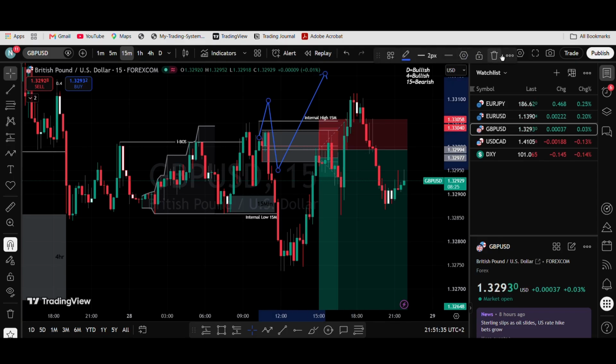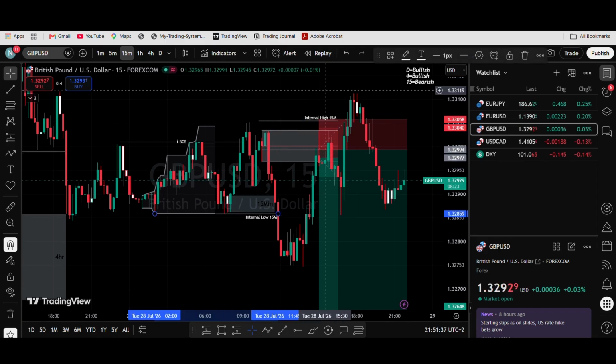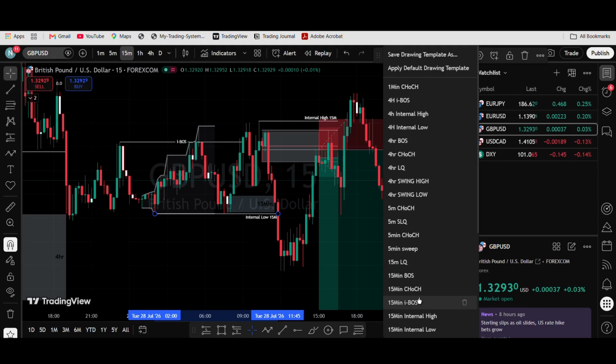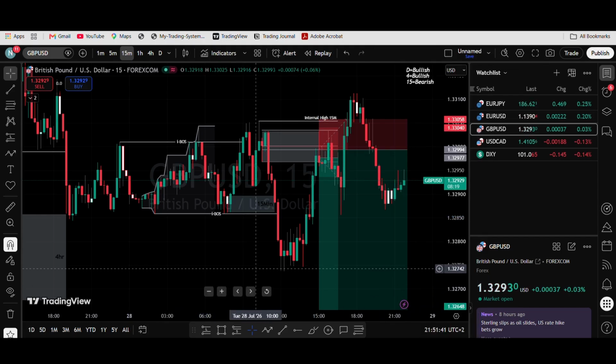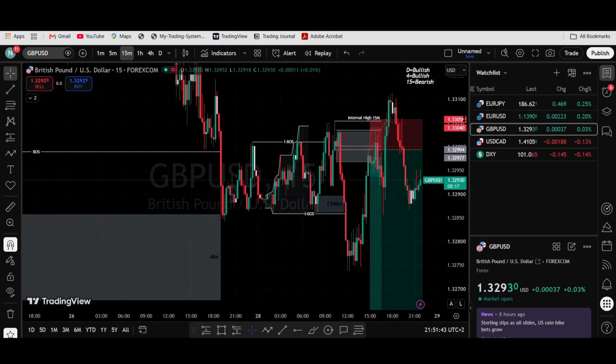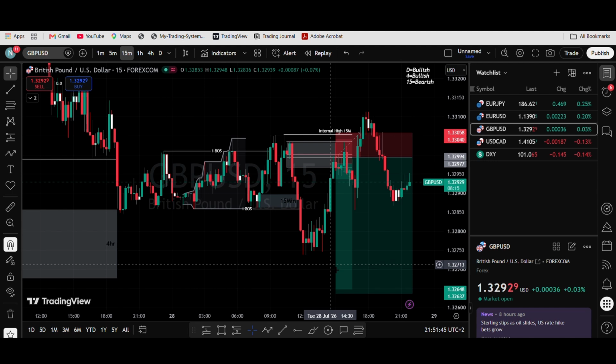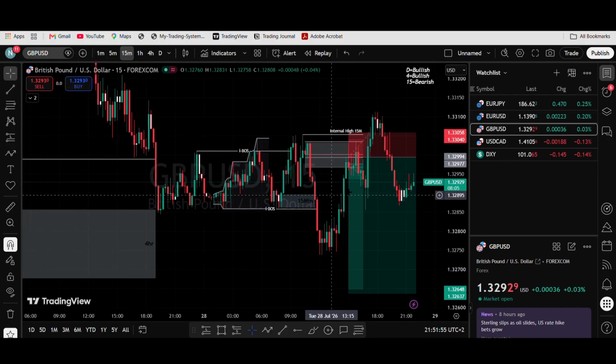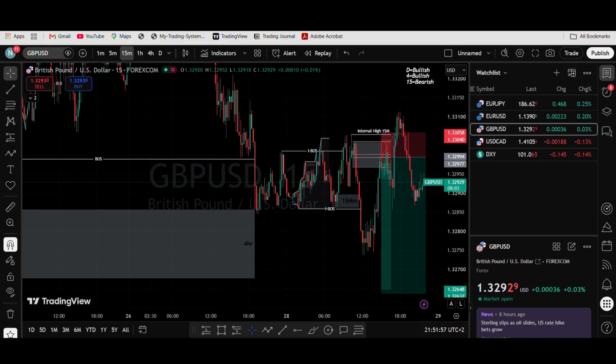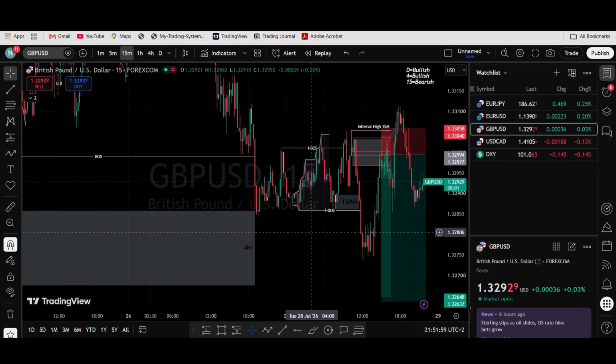Once that gets swept, this internal low becomes M15 IBOS, right? Break of internal structure, and then I'm looking for phase 2A trades. I'm looking for phase 2A, which is basically continuation of the bearish momentum, right?